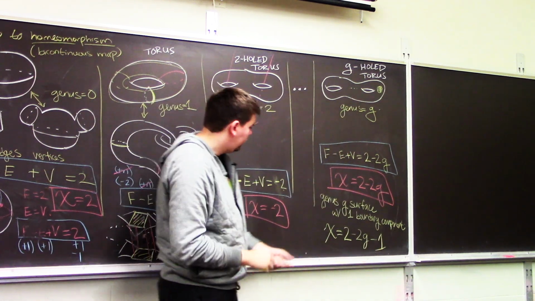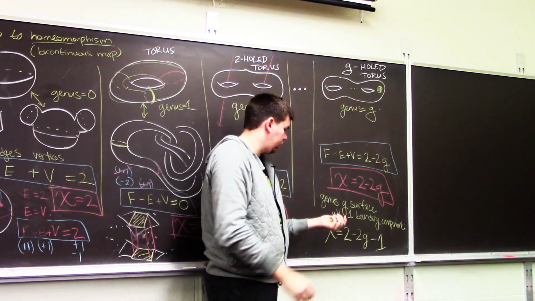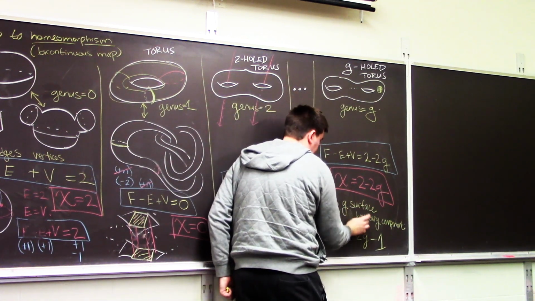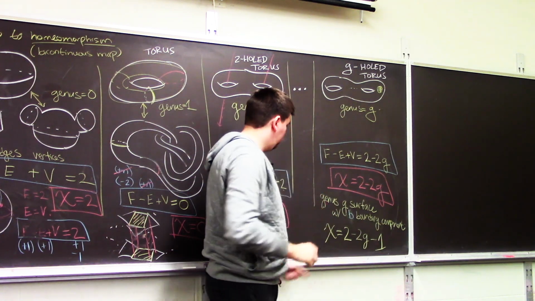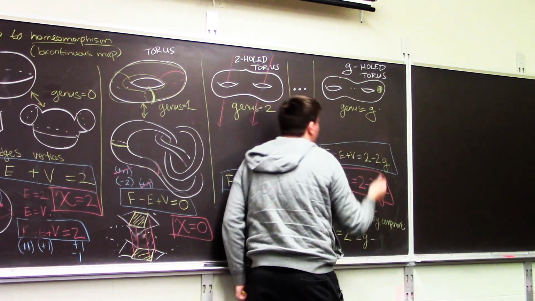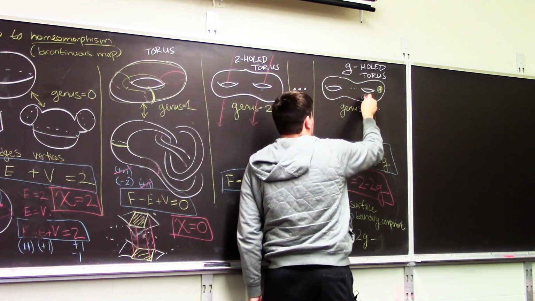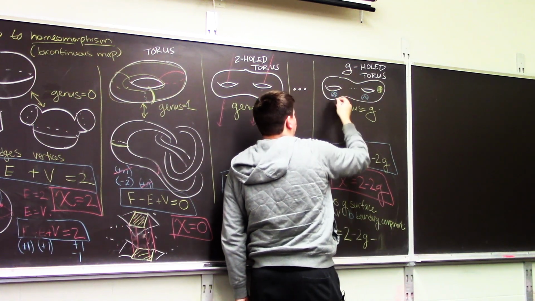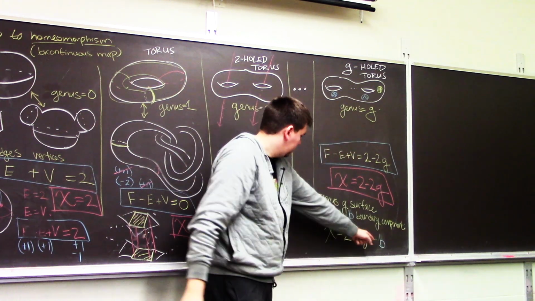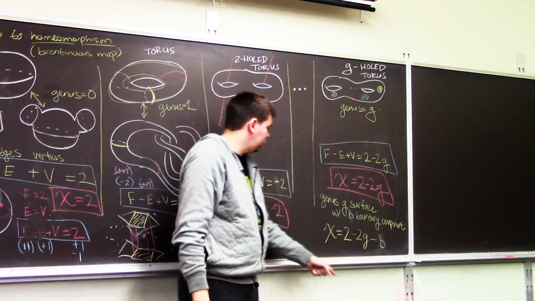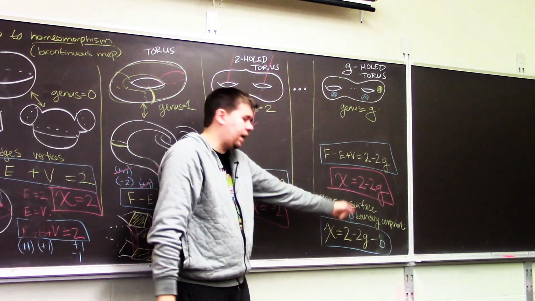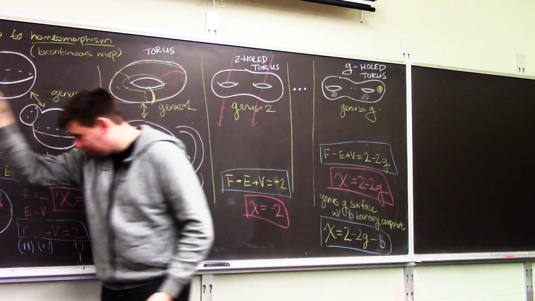And in general, if you had B boundary components, then you would be subtracting off B faces to get those B boundary components. It's like taking B bites out of this. And each time you removed it, you would get a boundary component introduced, and you would be removing a face, and so you would have this as your relationship. There's a minus B factor. So let's go look at knots.